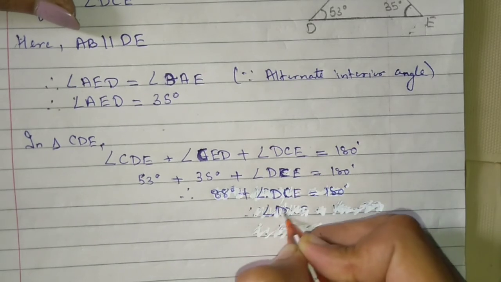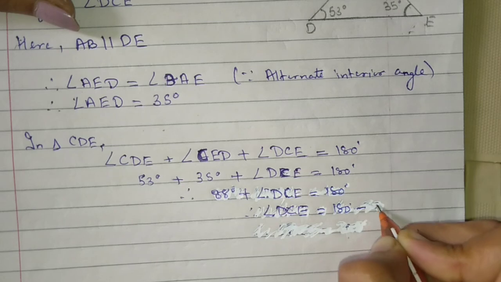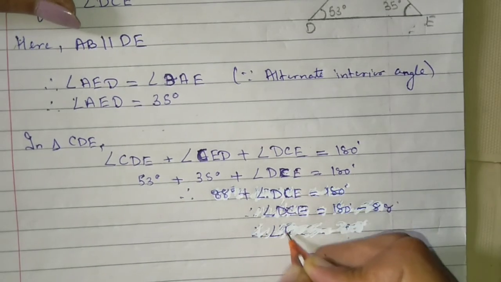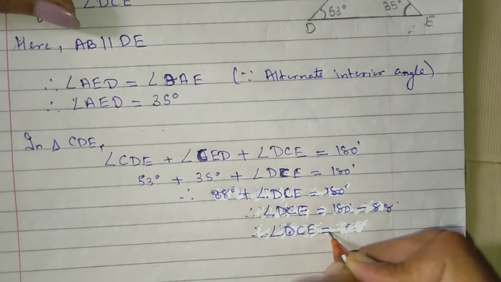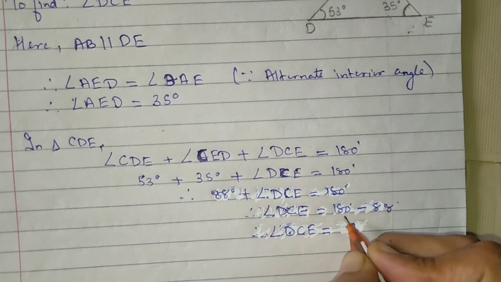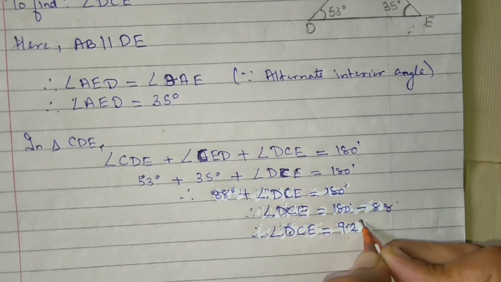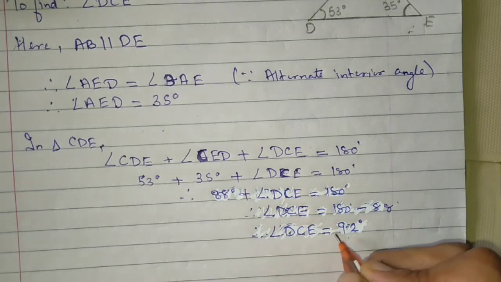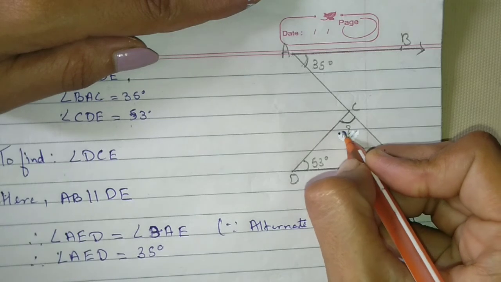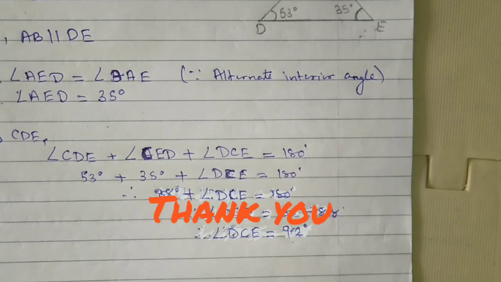Therefore angle DCE equal to 180 minus 88, which is 92. So here I am writing angle DCE is 92 degree. Thank you for watching this video.